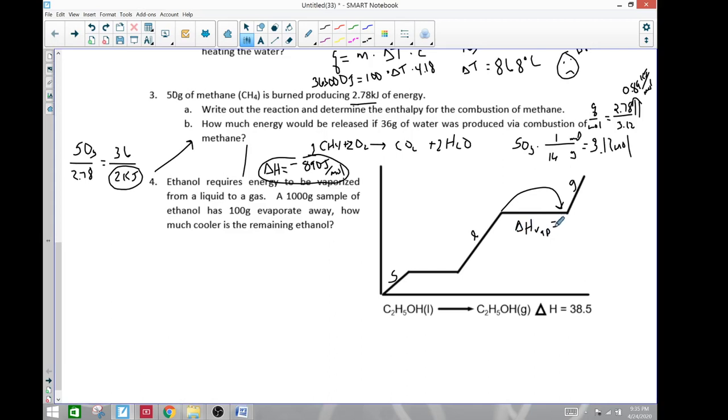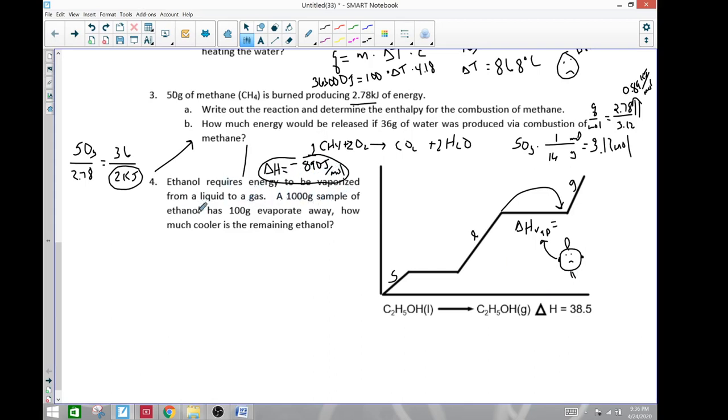And in this situation, whenever you see something written below that, sometimes it causes people to get a little bit nervous, like, oh no, what do I do? It's no big deal. It just tells me a little bit about the type of reaction we're dealing with here. So it says it's being vaporized.